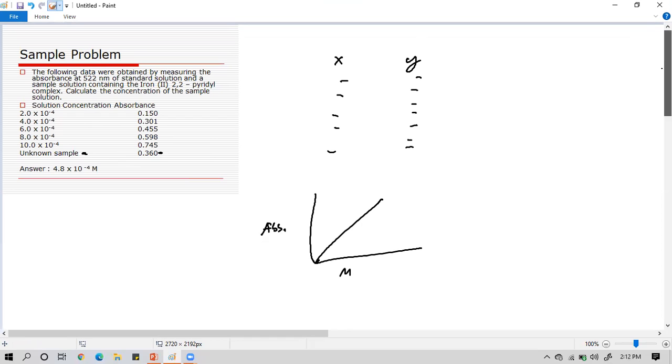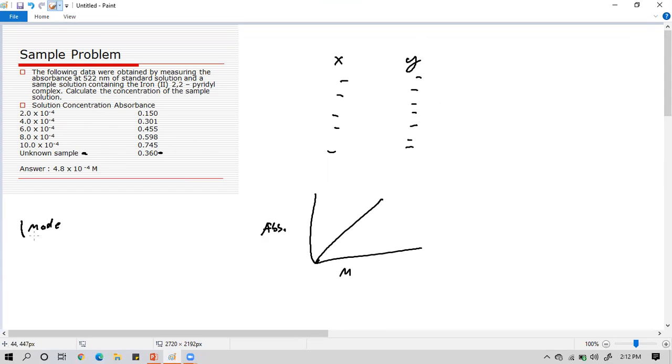Pero dapat kilala ninyo yung calculator. If parehas kayo ng calculator sa akin na FX-570 ES Plus, ang usually recommended, masosolve ninyo itong problem na ito. Okay? Ang gagawin nyo lang, sige, ituro ko na rin. Gagawin nyo dito sa may part na ito is kung ano yung mode, okay?